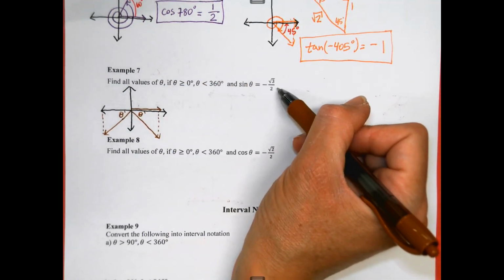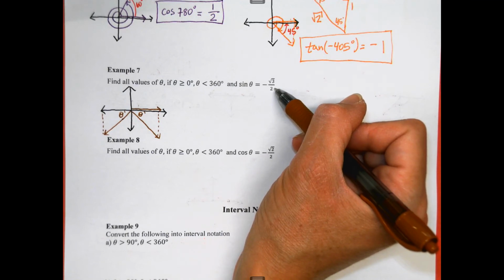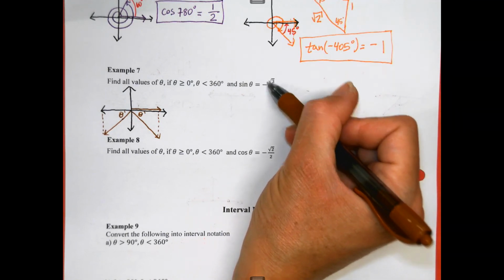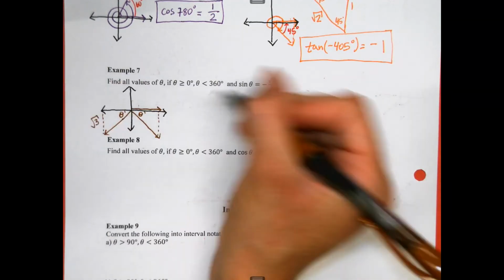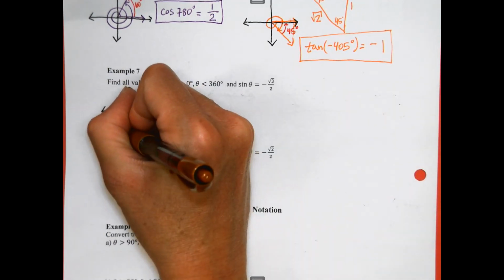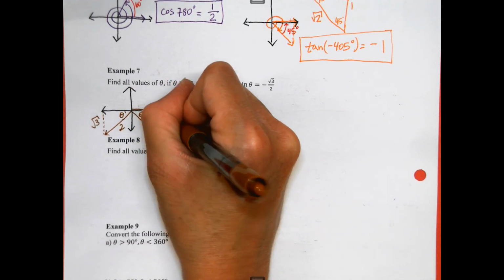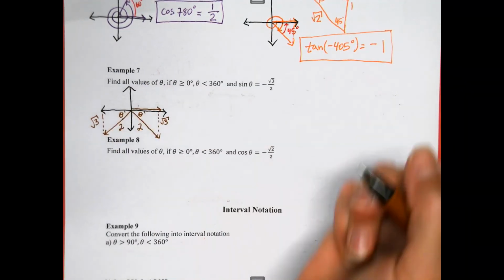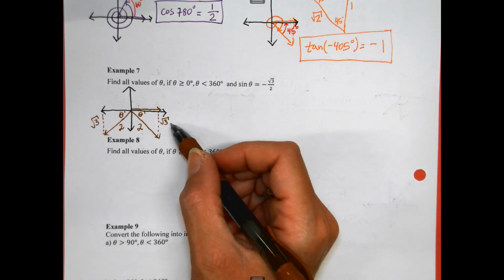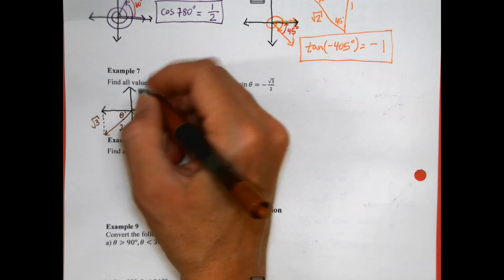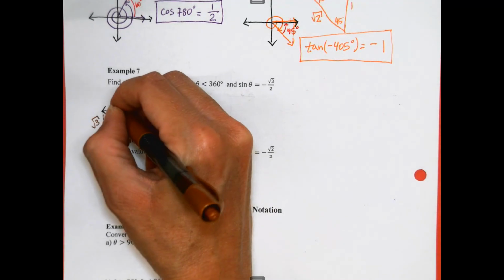Since we know it's negative square root of 3 over 2, sine is y over r. Our y value is going to be the square root of 3, and our r value is going to be 2. Well, with a hypotenuse of 2 and one side being the square root of 3, this other side happens to be 1.